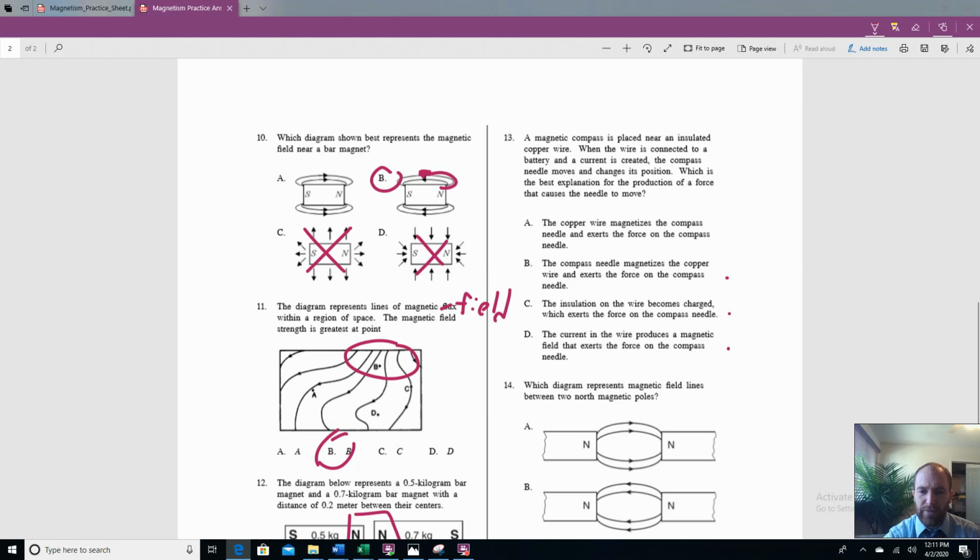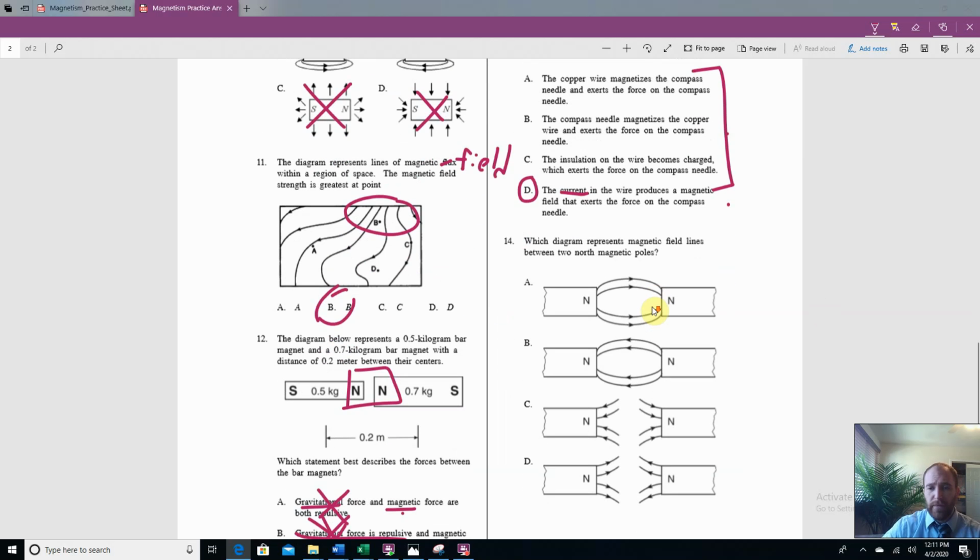The current in the wire produces a magnetic field that exerts a force on the compass needle. I'm looking for you to go with D. These are kind of word soup, and they're not really what's going on here. But current, which remember is moving charge, creates a magnetic field. That's the idea here. That moving charge creates a magnetic field, and that's what pushes the compass.